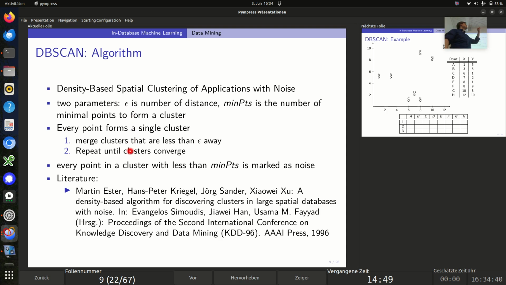We repeat this until we have not found any new cluster. Afterwards, we count the number of points in each cluster, and if it's less than min points, the points are marked as noise. This was the big algorithm of Hans-Peter Kriegel at LMU Munich, and it is the popular alternative to k-means.